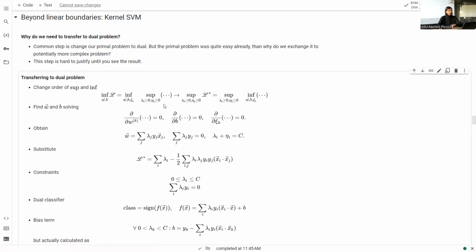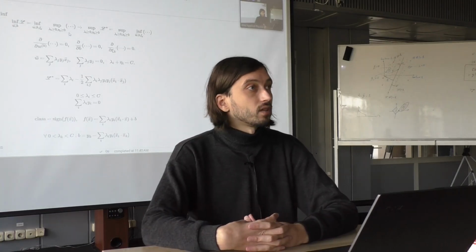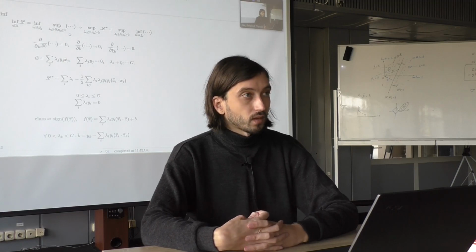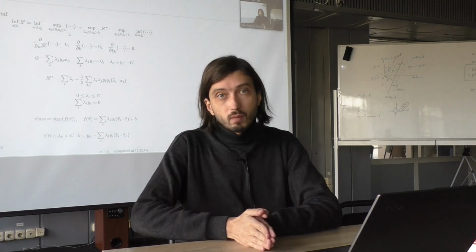Okay, now how does the dual problem look like? What should I do to make this problem dual? We can always transfer from primal problem to dual problem. How do we do that?